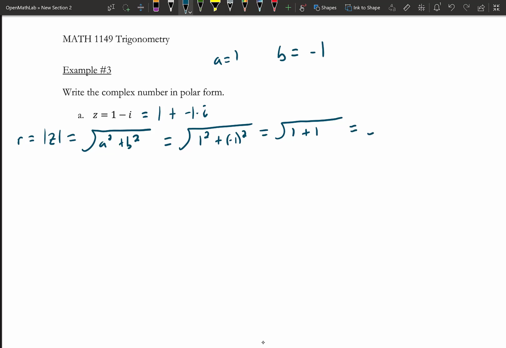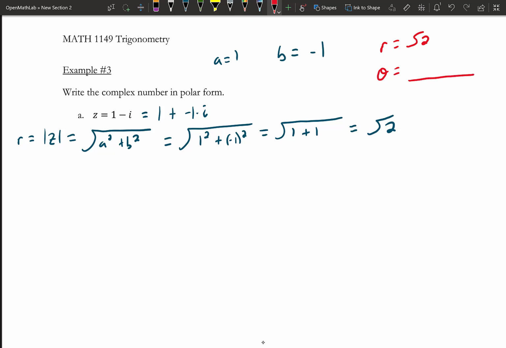So then this would equal the square root of 2. So I know what R is. R is radical 2. What's left is I need to know what theta equals.